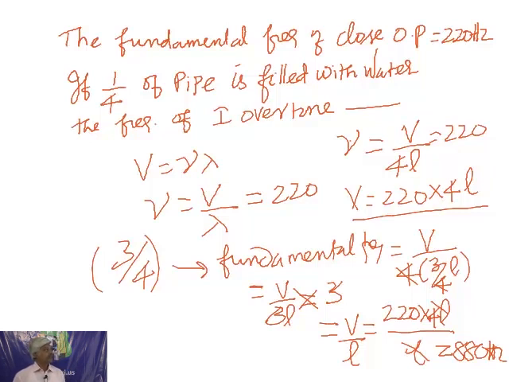If 1/4 of the pipe is filled with water, calculate the frequency of the first overtone. The first overtone frequency is 3 times the fundamental frequency. So first I calculate the fundamental frequency V by 3L. That should be multiplied by 3. Automatically V by L. V is already given as 220 into 4L. L gets cancelled. We are getting 880 hertz. Okay. So this is an important thing you have to understand.